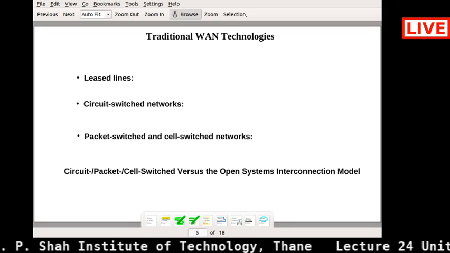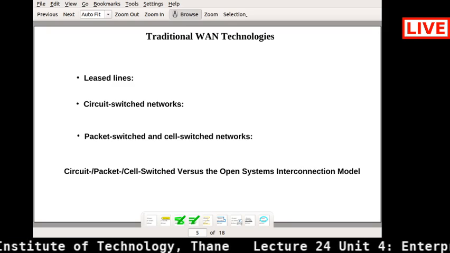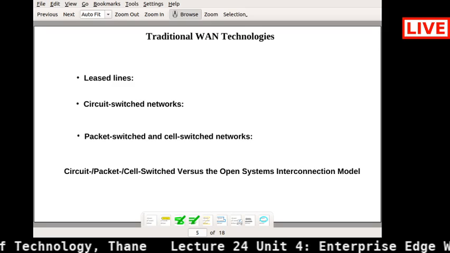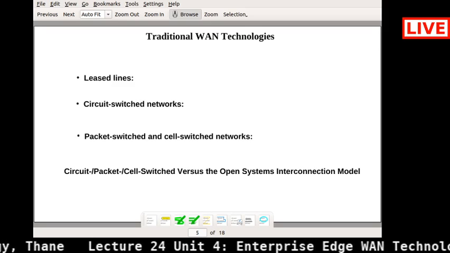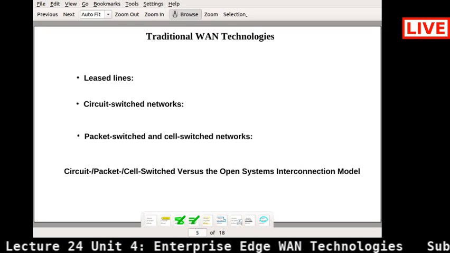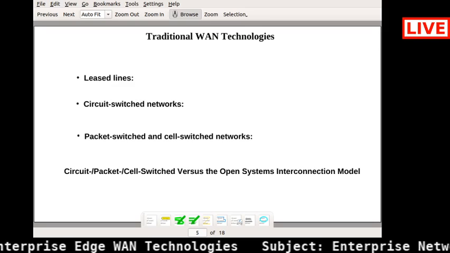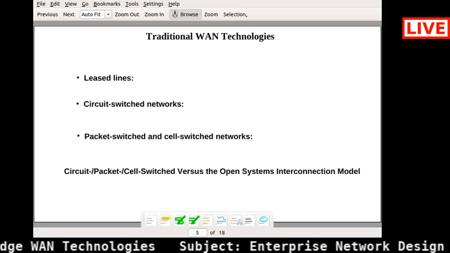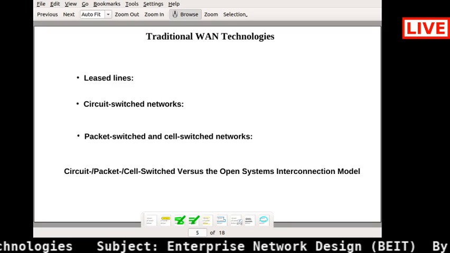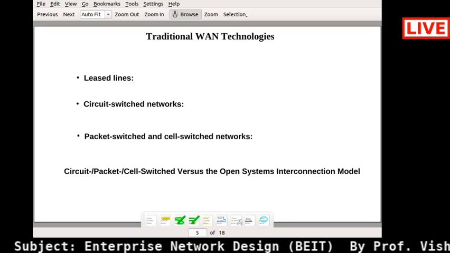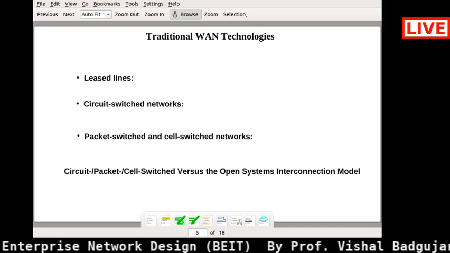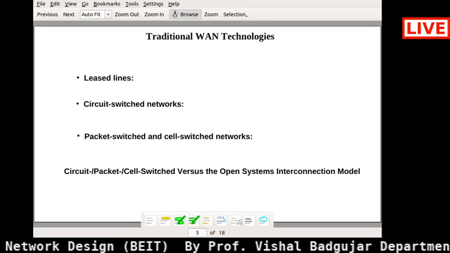Whenever the users share all the common carrier resources, they can use a different path through that particular WAN. That particular carrier will be on our own infrastructure, so it will efficiently use all these leased point to point links.